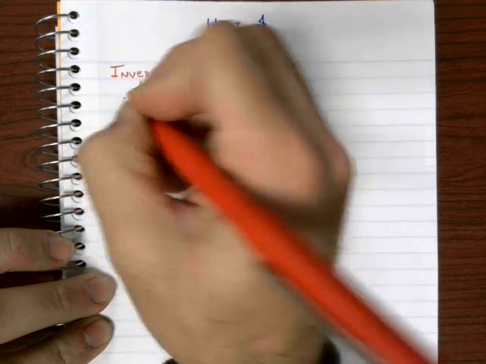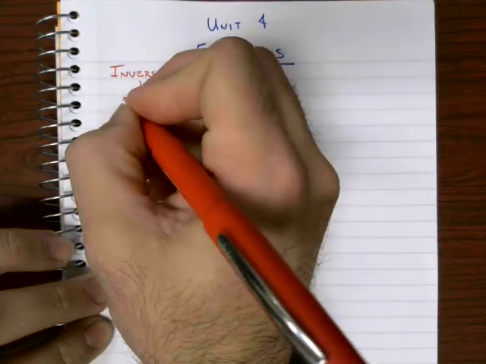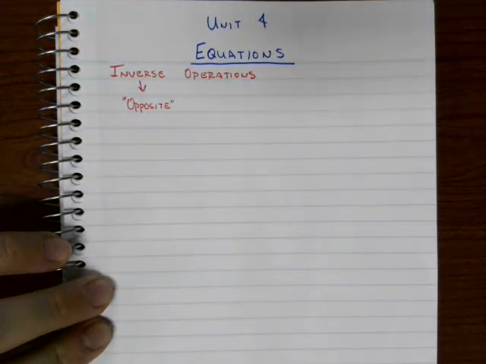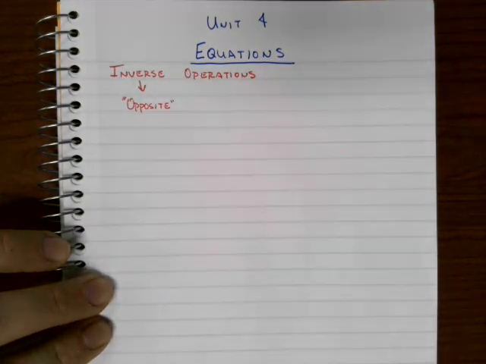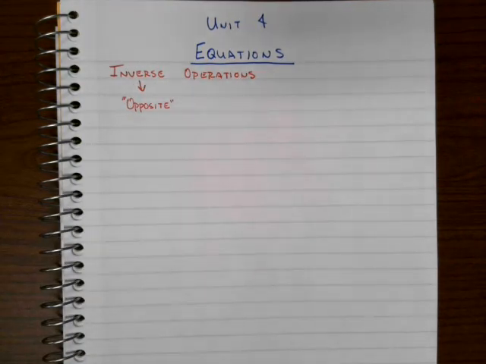So you can think opposite operations. The way we solve equations is we solve them with the inverse operation. So we're using the opposite operations of things. So we're going to look at opposite operations.